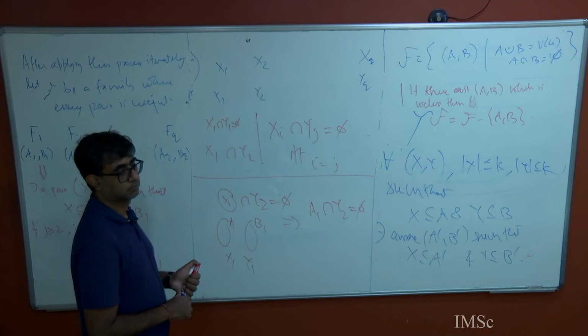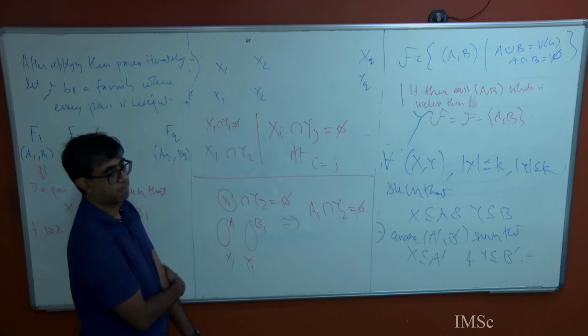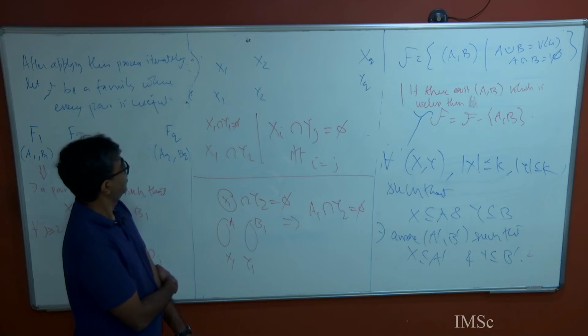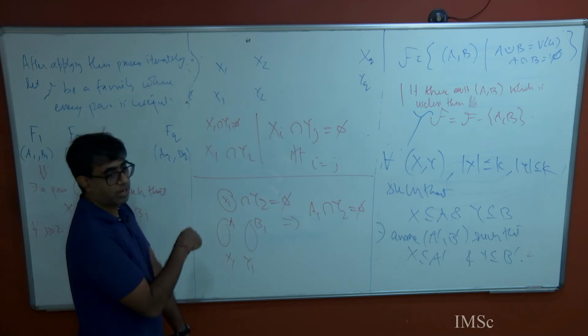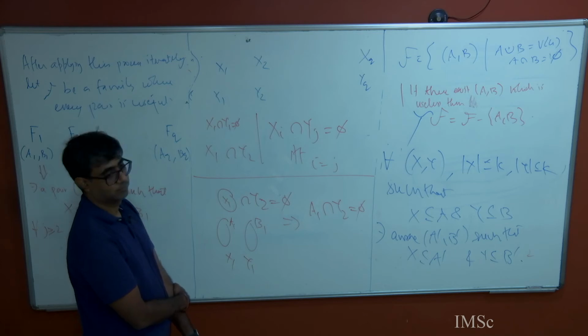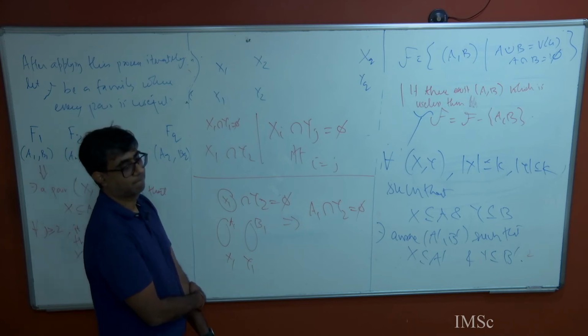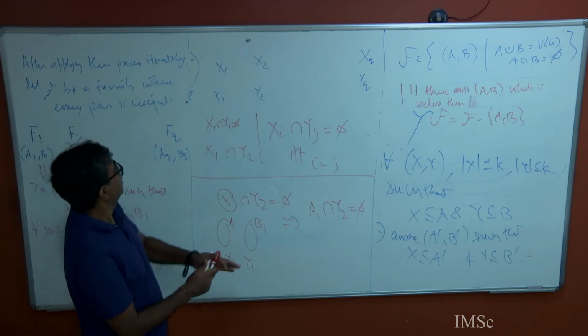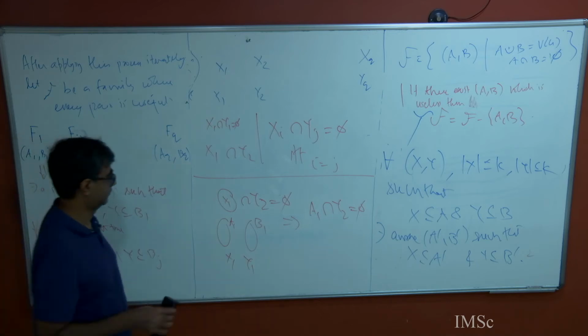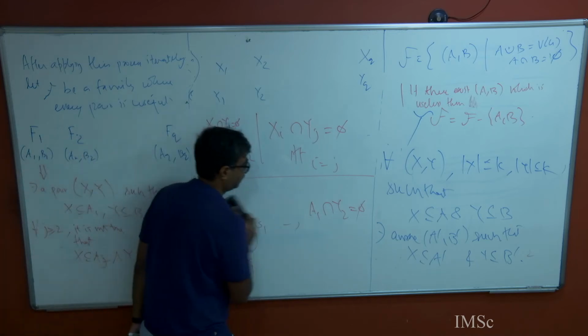X1 is a subset of a1, a1 intersection y equals phi, then a1 must be a subset of x2, right? No, but why is it phi? X2 y2 is not the whole universe, no? Look, x1 y1 is not a partition.